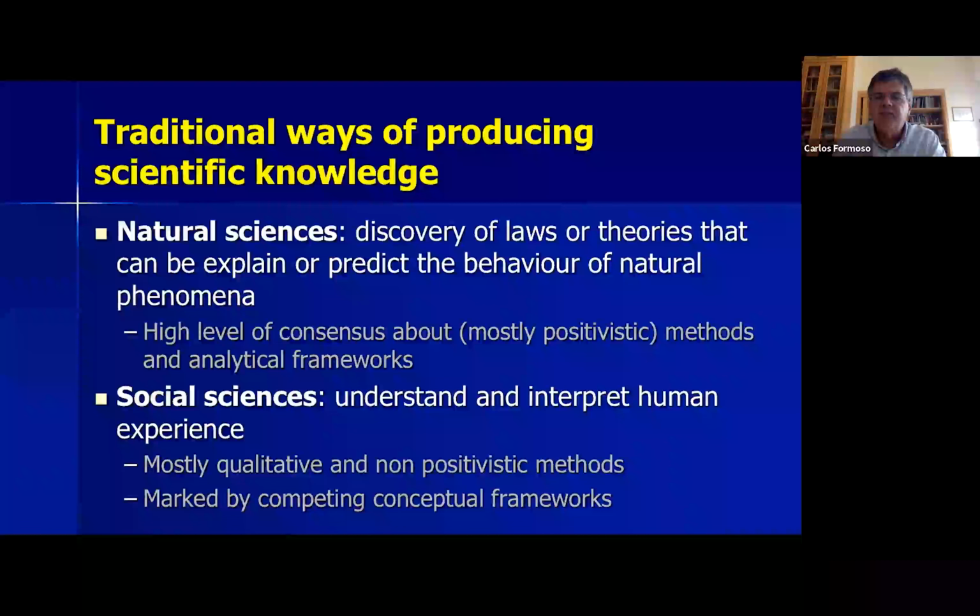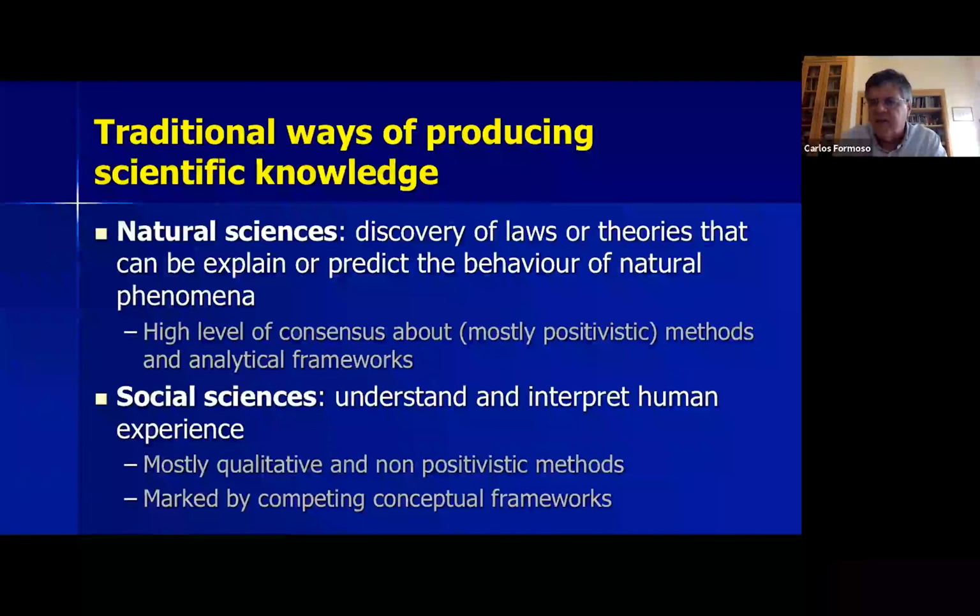First, we have the natural sciences like physics, biology, chemistry, geology, and so on. And the aim of natural science is to discover laws or theories that can explain or predict the behavior of natural phenomena, right? So this is the main idea.